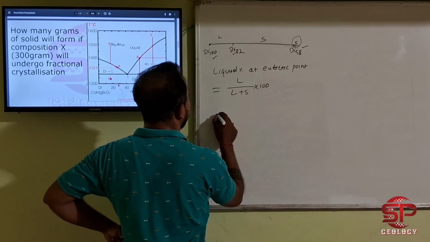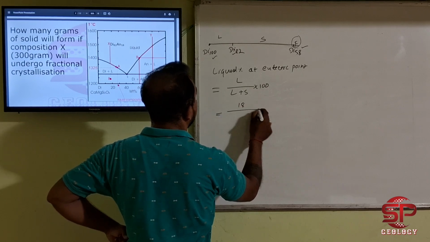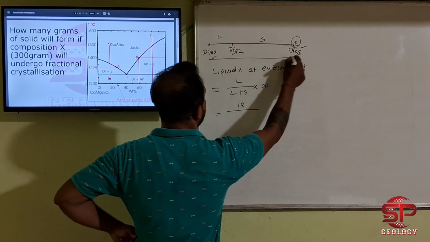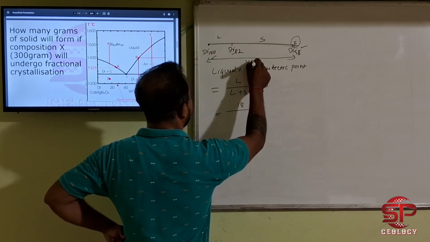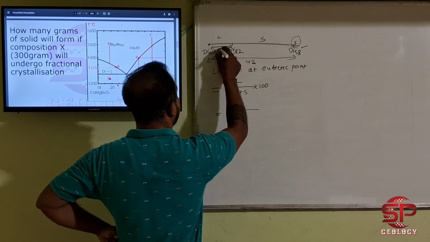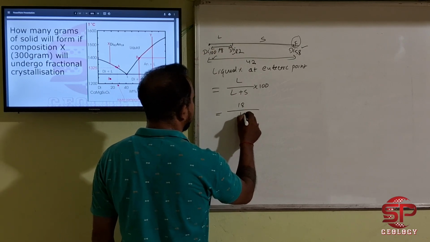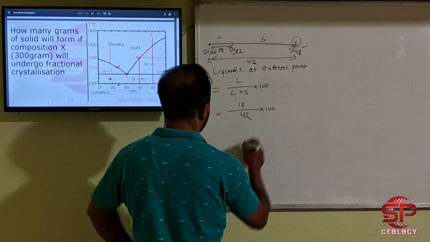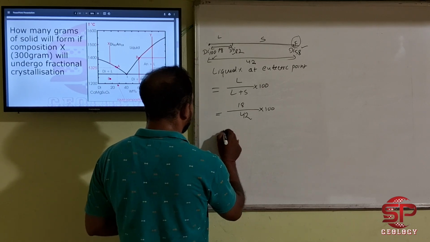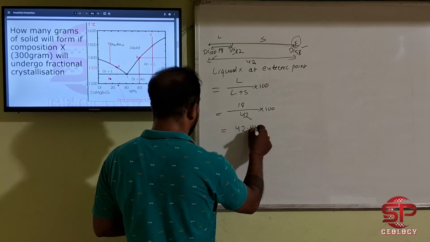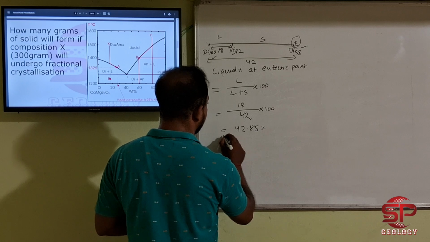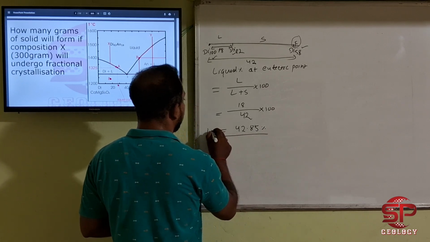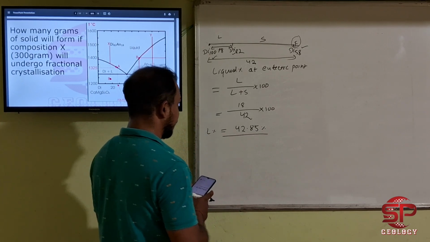So here liquid will be 18, thereby liquid plus solid, this much will be 42. So 18 by 42 into 100. So it will be 42.85%. The liquid percentage is 42.85%.